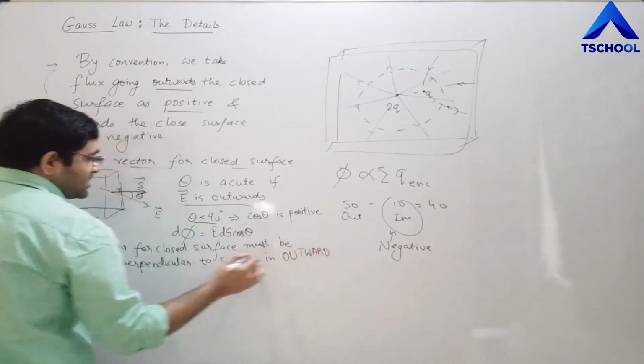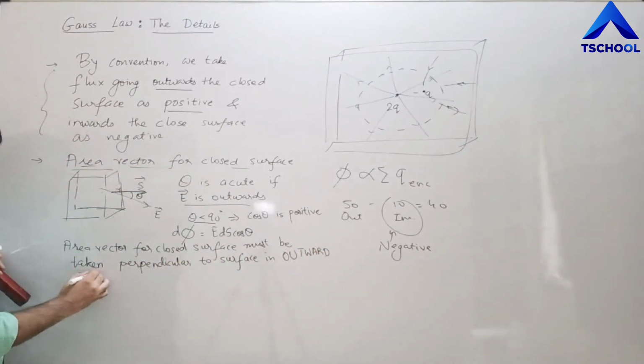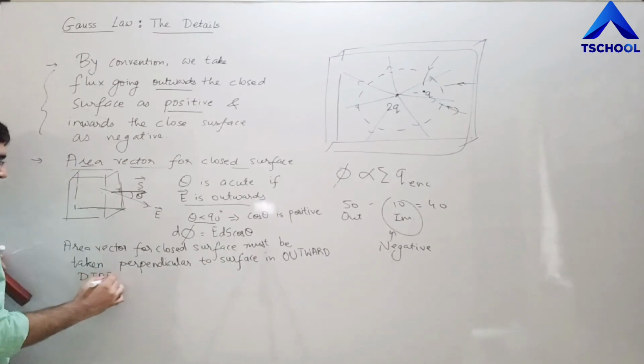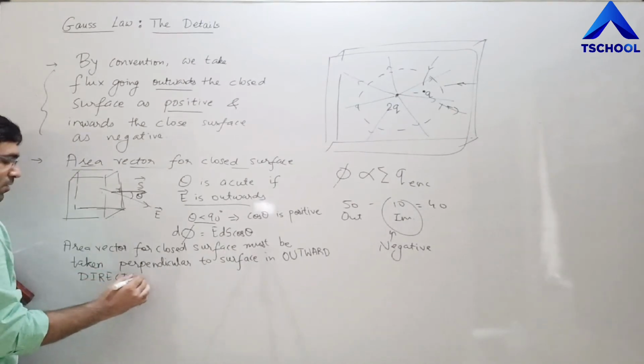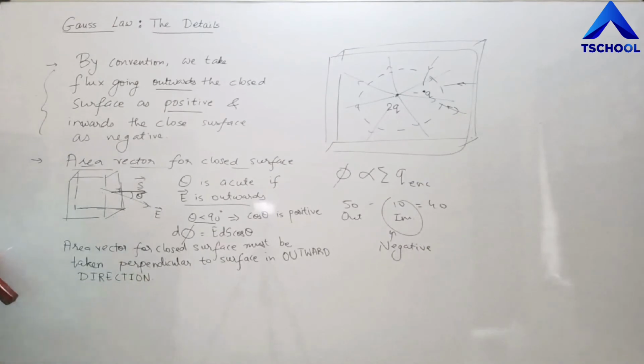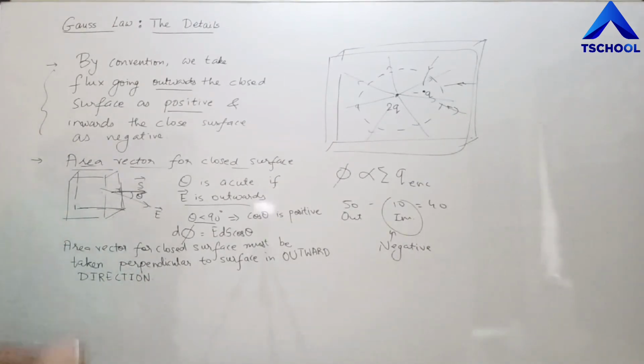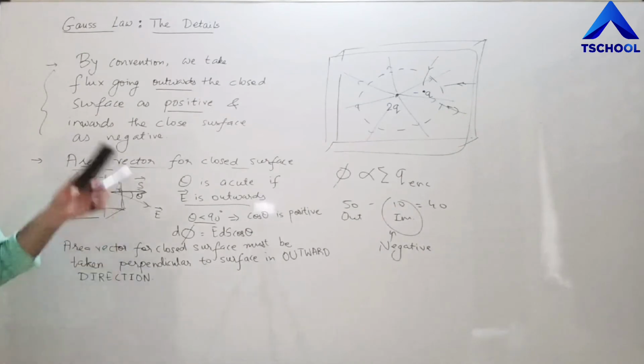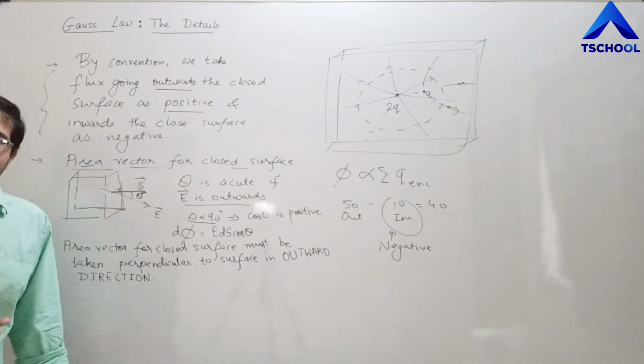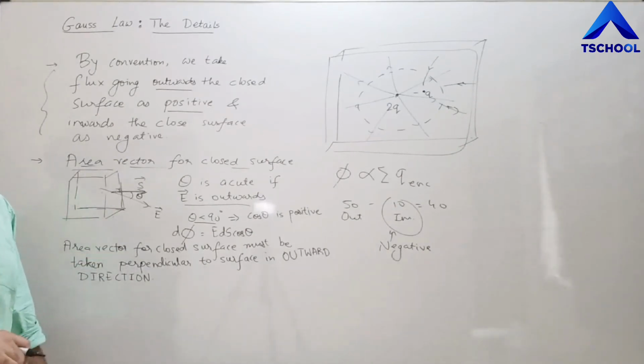You don't take it in the inward direction; you take it perpendicular to the surface but in the outward direction. So that is the use of the convention. If you follow this convention, Gauss law is perfectly valid.